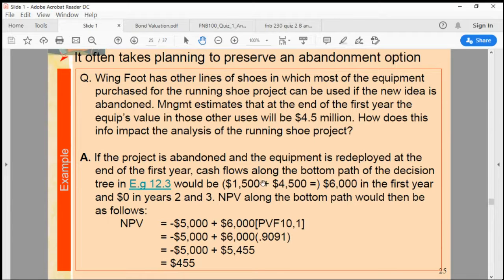So you will still have 1.5 million in the first year, and then 4.5 million from redeploying the equipment in the tennis shoes.